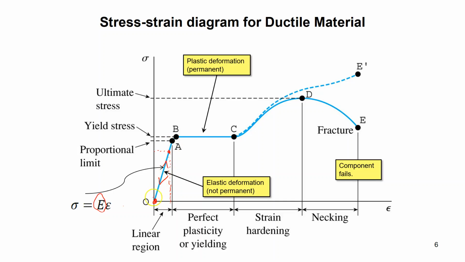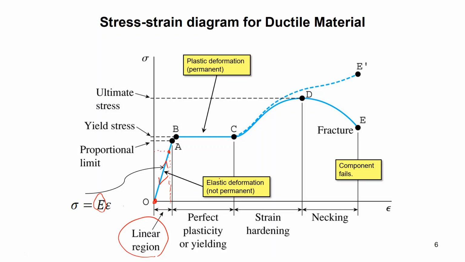In other words, the material acts exactly like a linear spring, like an elastic or rubber band that you haven't pulled or pushed too much. It goes back to the original length. So that's why we call this region the elastic region or linear region.